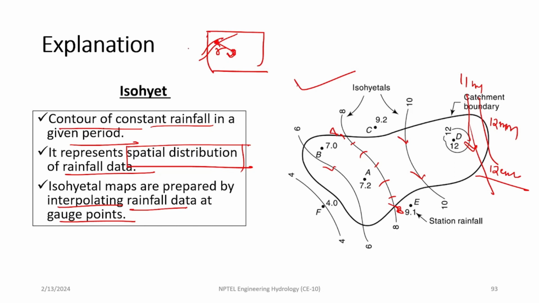So at a distance r, what will be the variation, what will be the effect of this rain gauge? Okay. So we can get this. It is saying the spatial distribution of rainfall data.